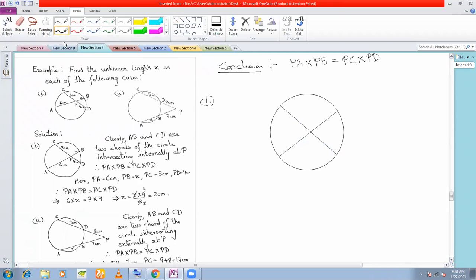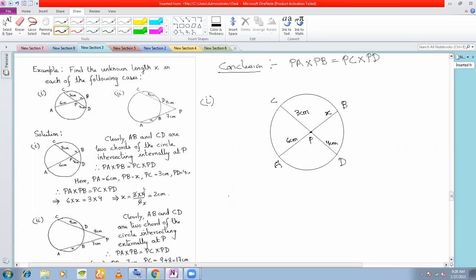This is your first figure. Chords AB and CD are intersecting at the point P, and the lengths of these segments are given to you as 3 centimeters, this is your x centimeters, this is your 6 centimeters, and this is your 4 centimeters. Okay, you need to find out the value of x.